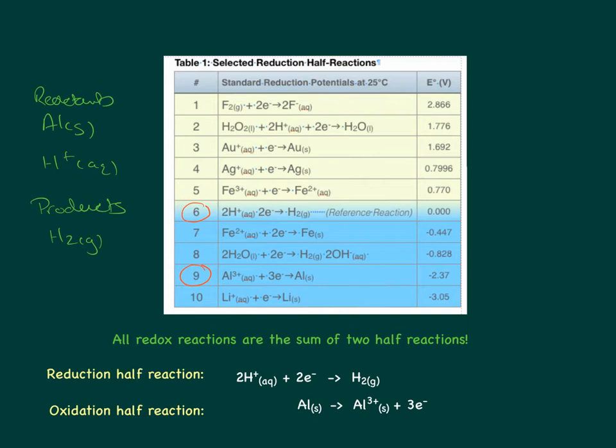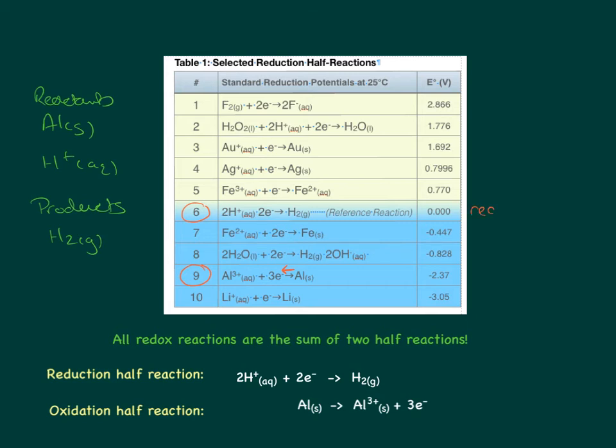Reaction 6 is proceeding in the direction given because we know that hydrogen gas is being generated and we know that H+ was our reactant. For the other reaction involving aluminum, however, this reaction actually has to be written going the other way when we go to do our overall redox reaction, because we know that we started with solid aluminum and ended up generating Al3+, which we couldn't see because it's a dissolved product.